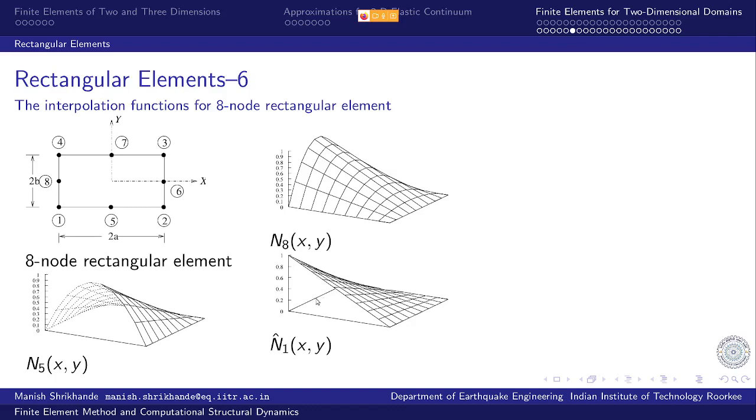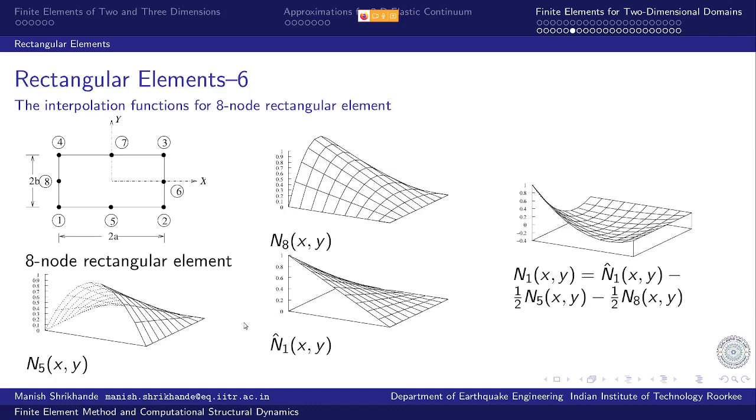Because N5 and N8 do not have any contribution at the other nodes, I can just subtract half of N5 from N1 hat and half of N8 from N1 hat, and that will take care of the required representation.